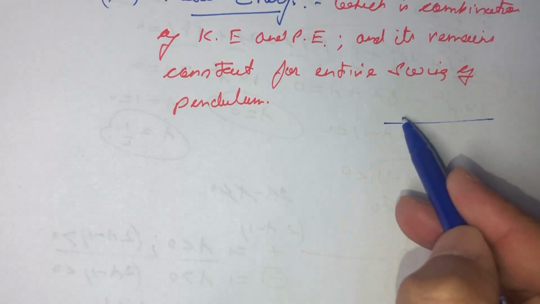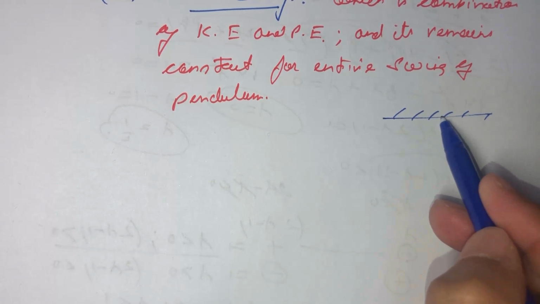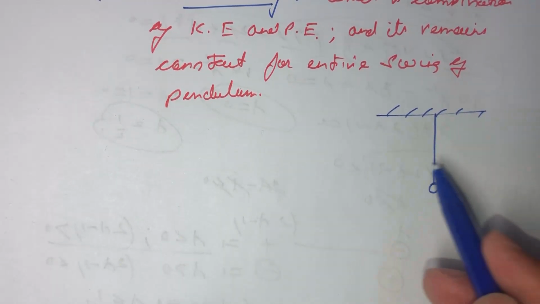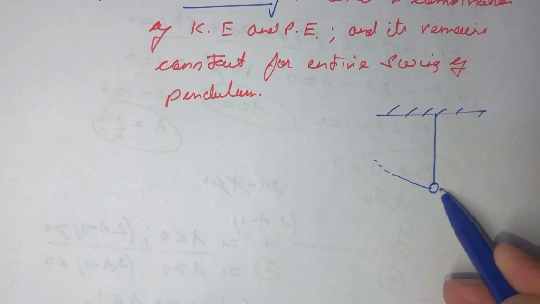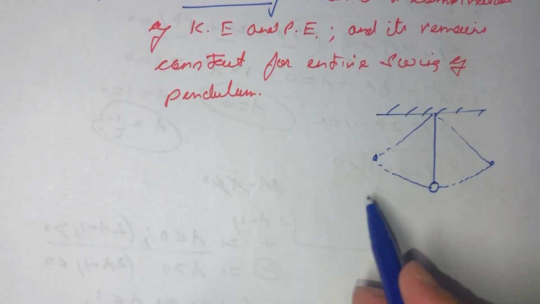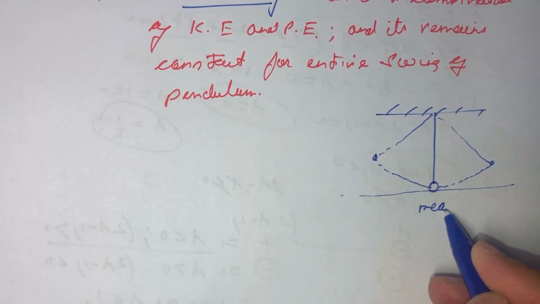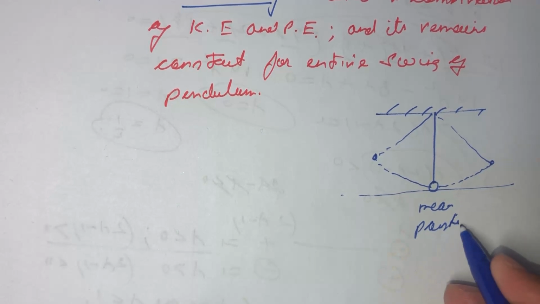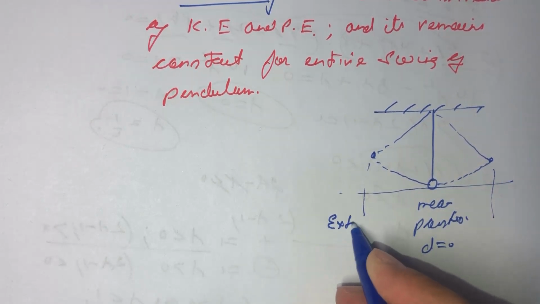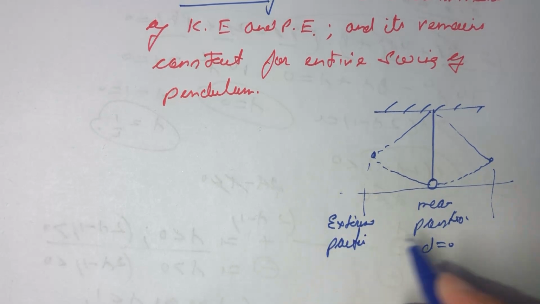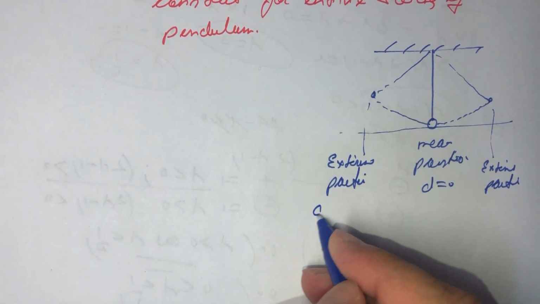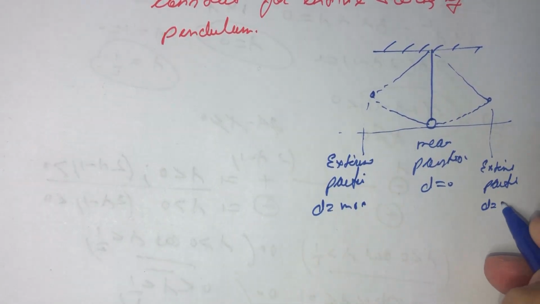Therefore we can say that, let us suppose this is the pendulum and this is the bob. So it is going to swing between two extreme positions, one towards the left and another towards the right. These two are its extreme positions, and this is our mean position. At this position d is equal to 0, and these two are the extreme positions where d will be maximum.